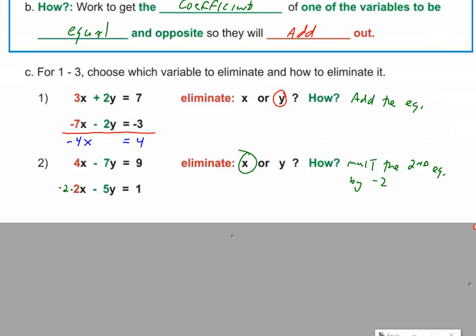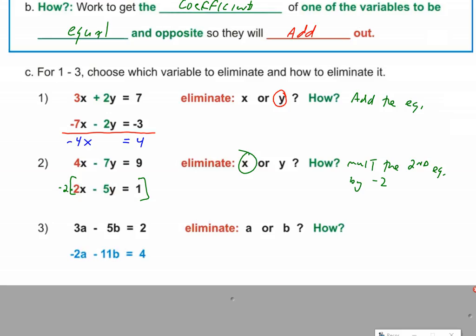If you multiply the whole equation by the same quantity, then all you're doing is like unreducing the equation. But it's exactly the same still. So we want to multiply the whole equation by negative 2. Okay, again, I'm not going to finish. We'll deal with the semantics of that when we get to the actual problems. But that's how you would approach that second one.